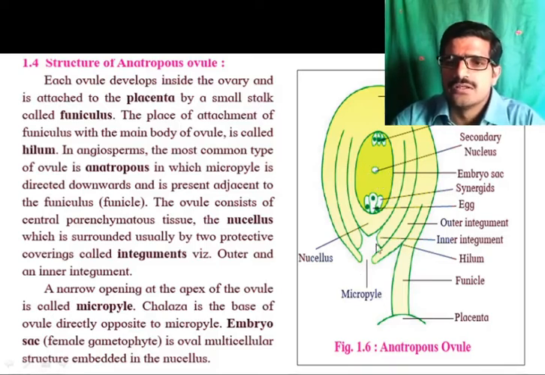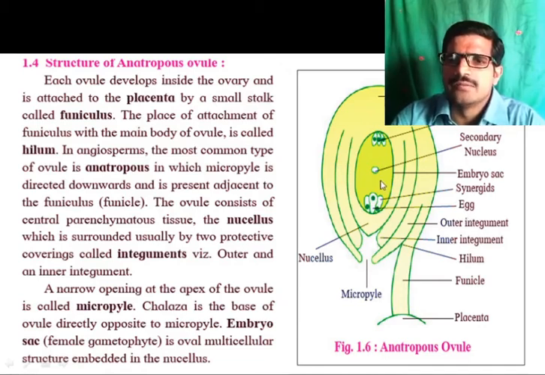Of the two male gametes present in the pollen tube, one male gamete fuses with the egg cell. Here fertilization takes place, and the male gamete and egg cell fuse together to form a diploid zygote.